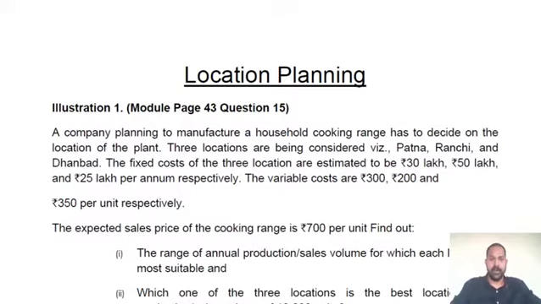In location planning, it's question number 1 according to me. In your modules, it will be page 43, question number 15. I've written both for a reason: your institute material, God knows whoever created it and how, was put together haphazardly, and that is why I've made it very clear. Having said that, if you have a printed material, there might be people who've gotten an old edition.